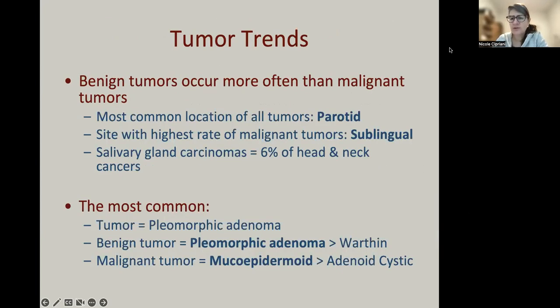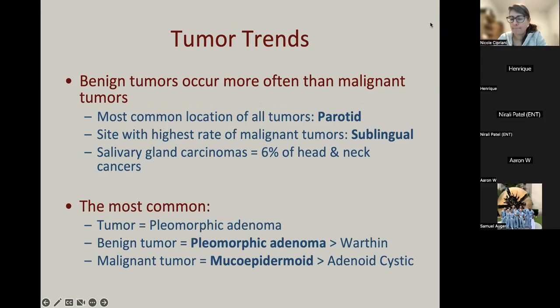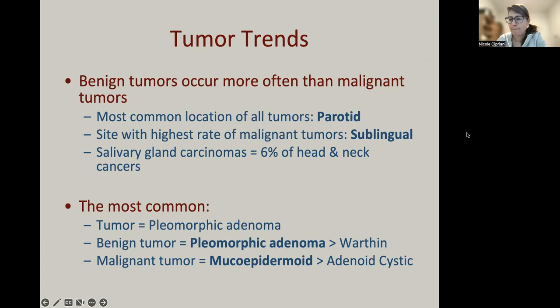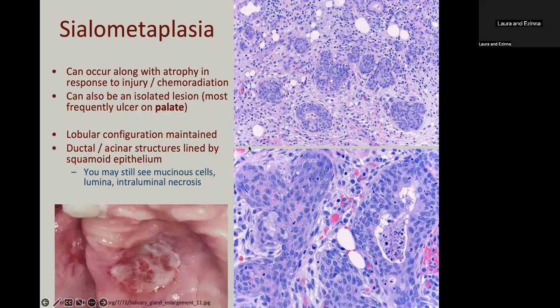Does anybody have any questions or comments on the non-neoplastic things before we move to the tumors? Quick question. Can you say again what was difficult about sialadenitis? You said something about its presentation was hard. Yeah, sure.